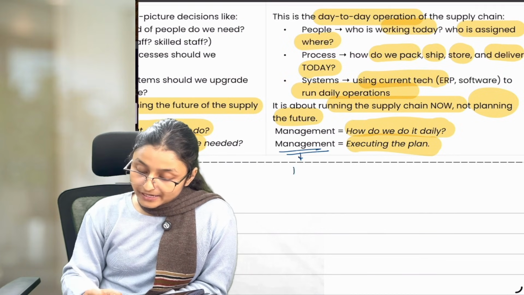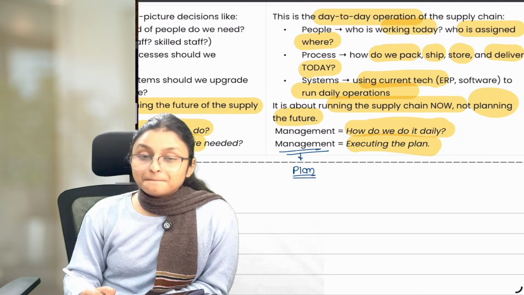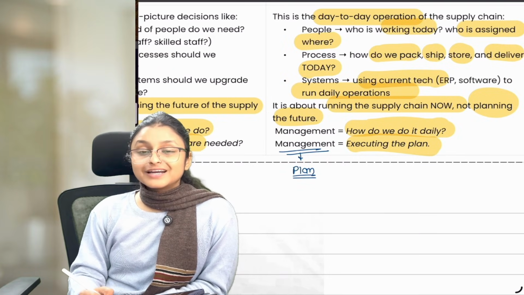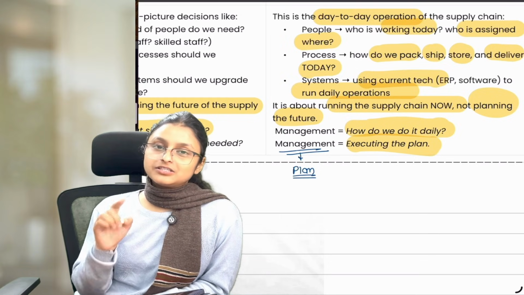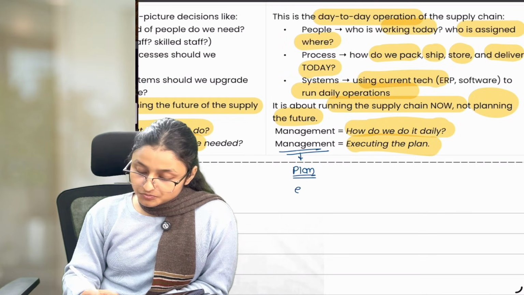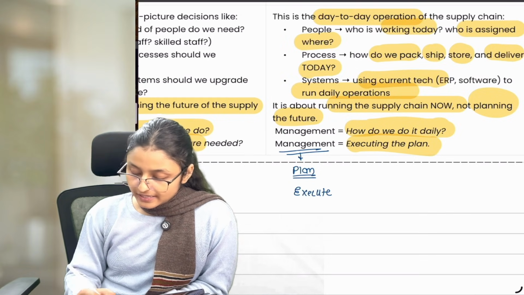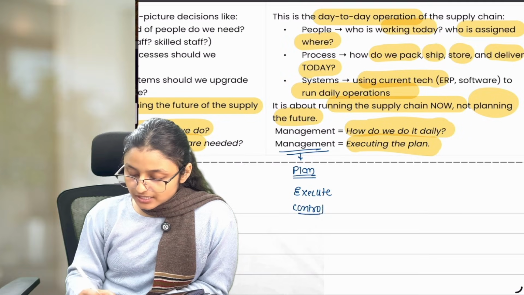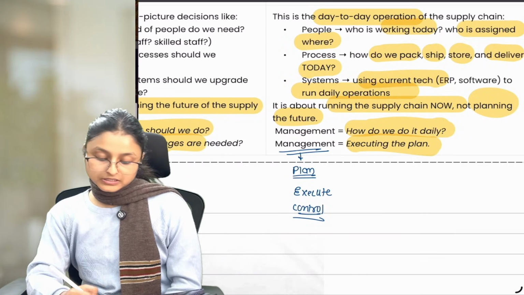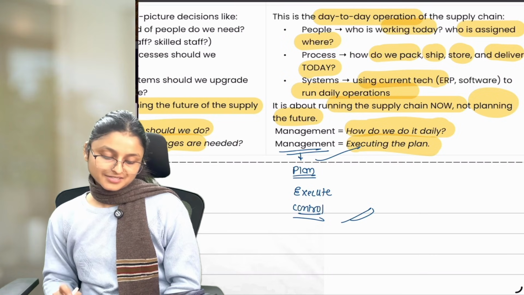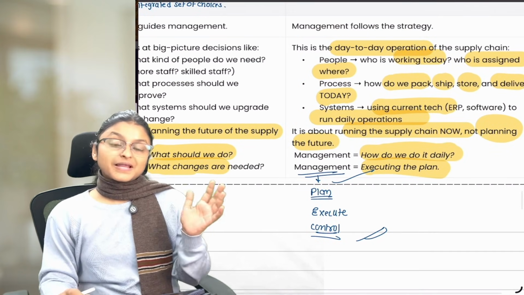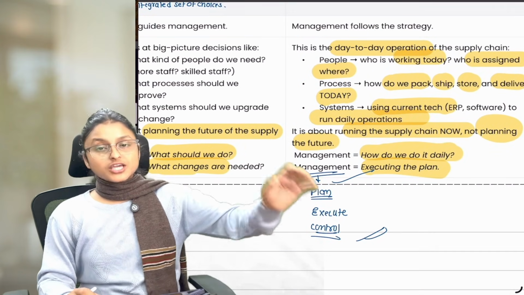That means management will be the one who will plan everything, that how supply chain strategy will be executed, and management will execute the plan and will check whether everything is working as per plan or not. All of these will happen in management. That is the difference between supply chain strategy and management.